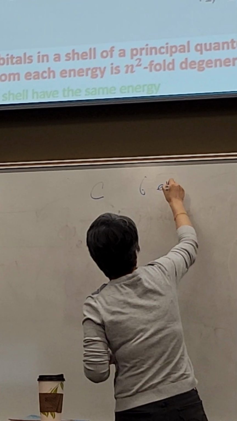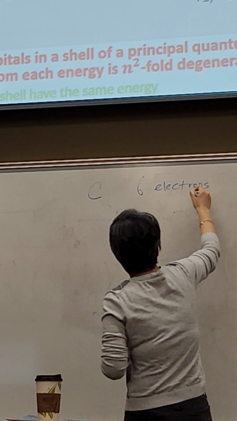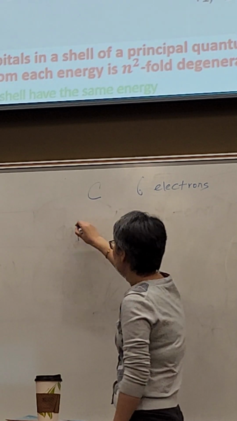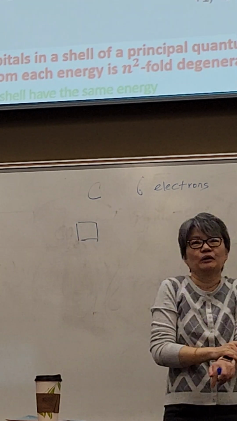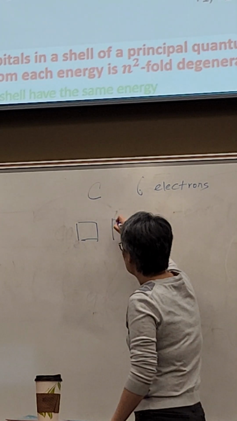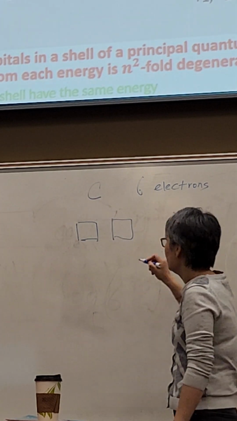All right, so 6 electrons. How do you guys do it in Gen Chem? When we say, can we populate those 6 electrons in the atomic orbitals? How do you guys do it? 1s2, and some sort of bracket, and then the space.